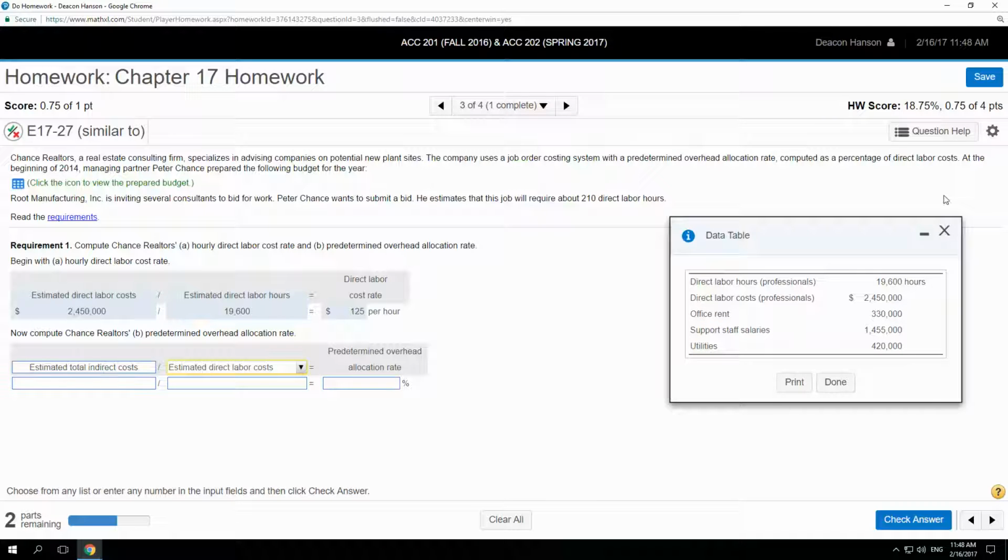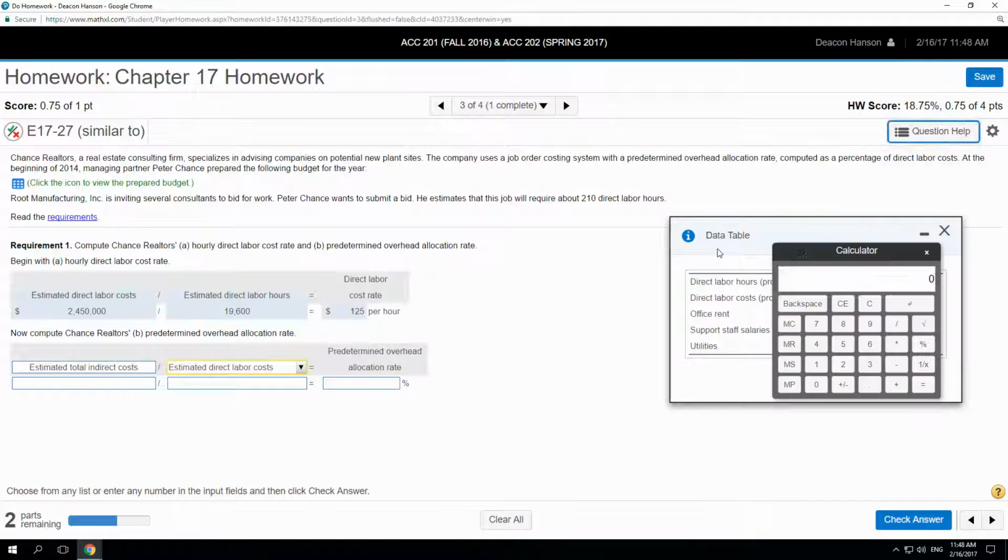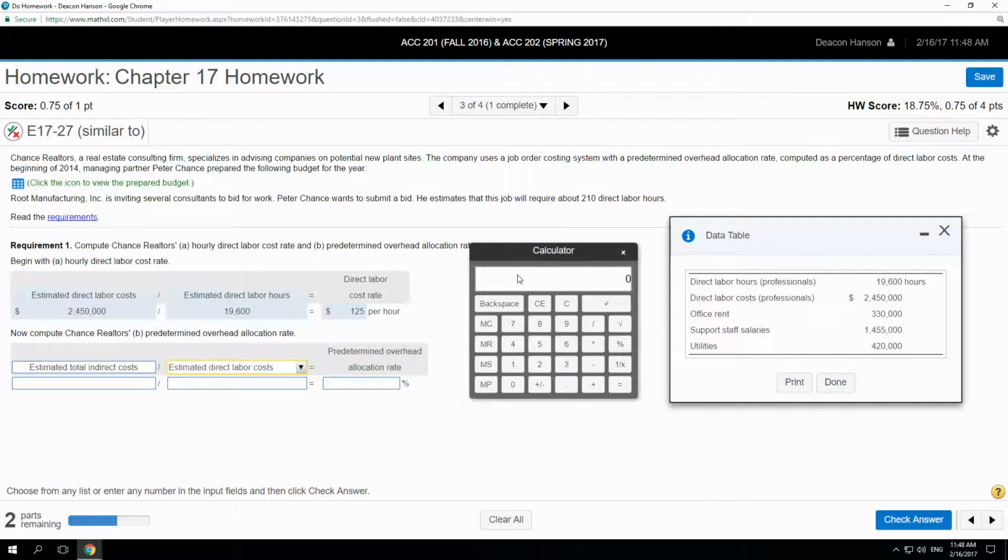Okay, so we'll add those up real quickly. You might already have added them, but let's see. So that's the estimate of the indirect cost.